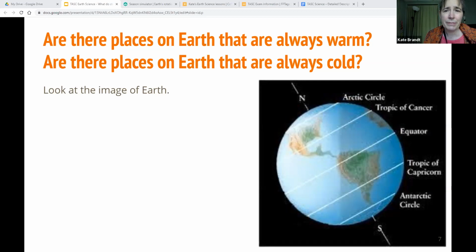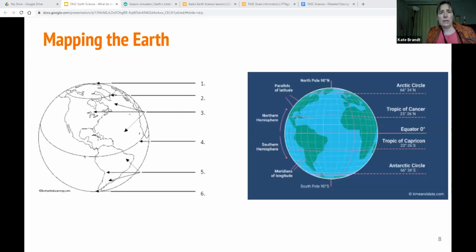So next slide, please. One of the first things I will do with students is something like this, so they have some sort of visual and reference point. When I teach any kind of mapping, as we pointed out earlier, students need to understand northern hemisphere and southern hemisphere, and they may not really know about that.